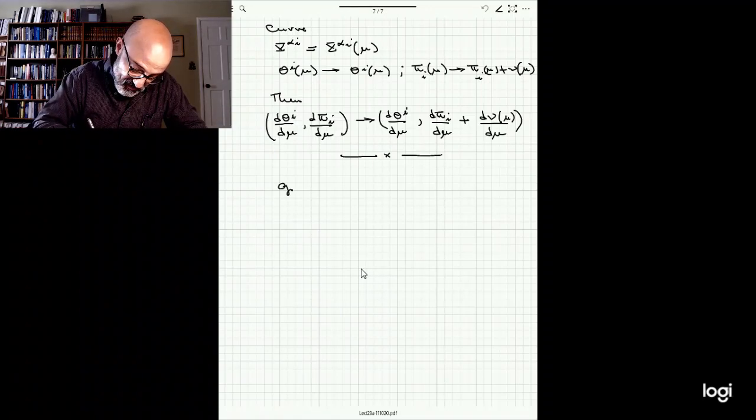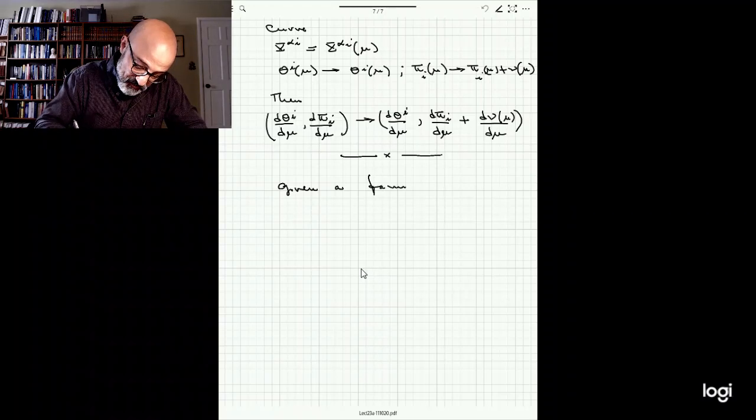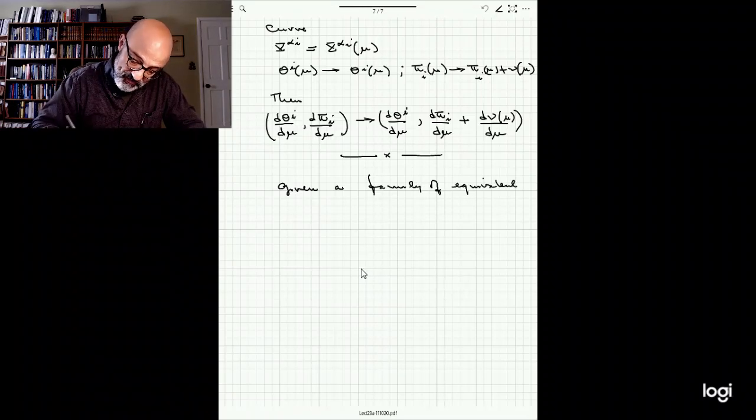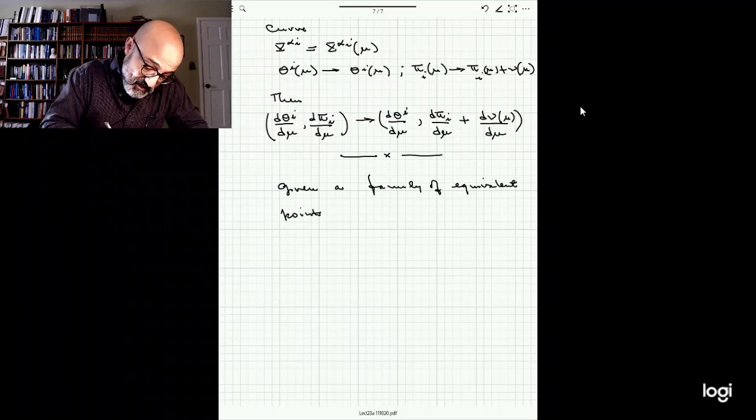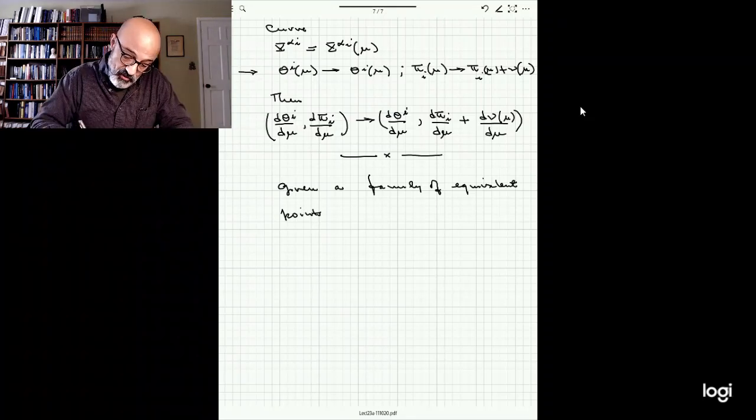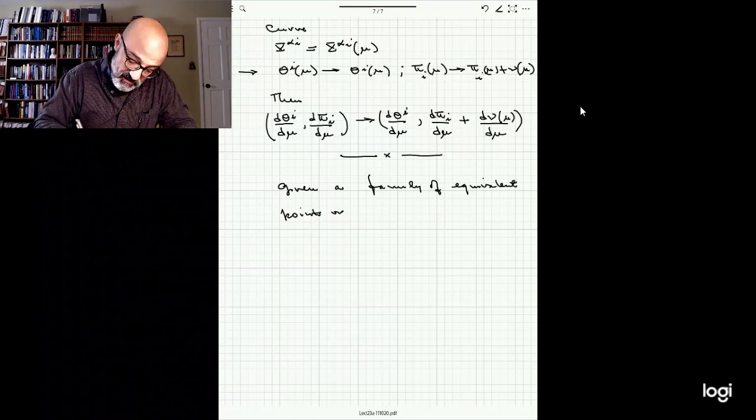Given a family of equivalent points, like up here, like here, or of equivalent vectors.